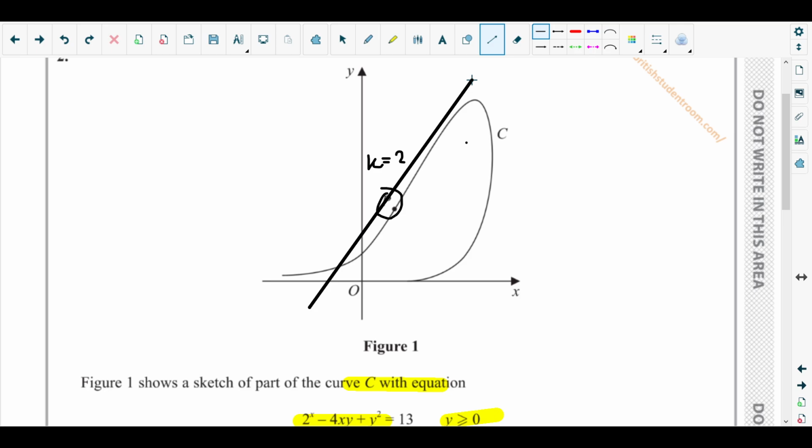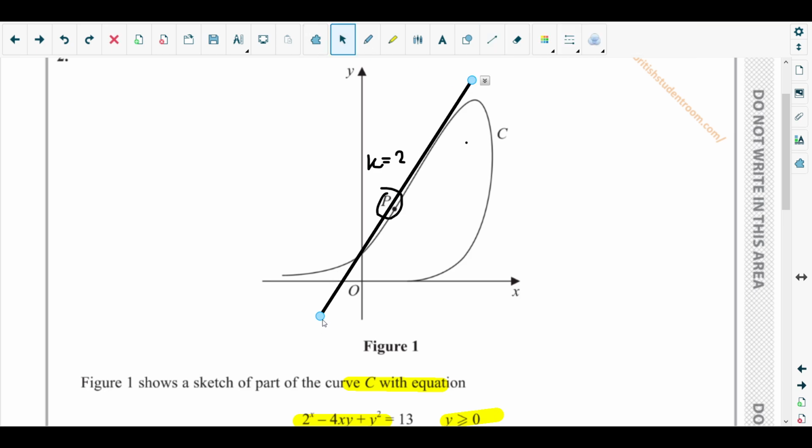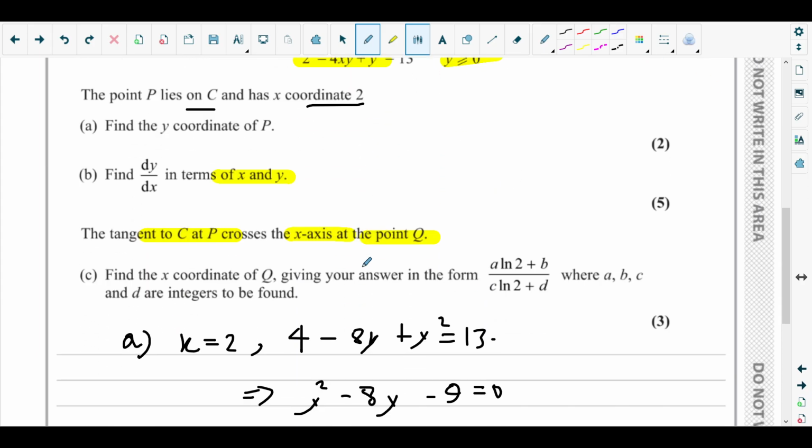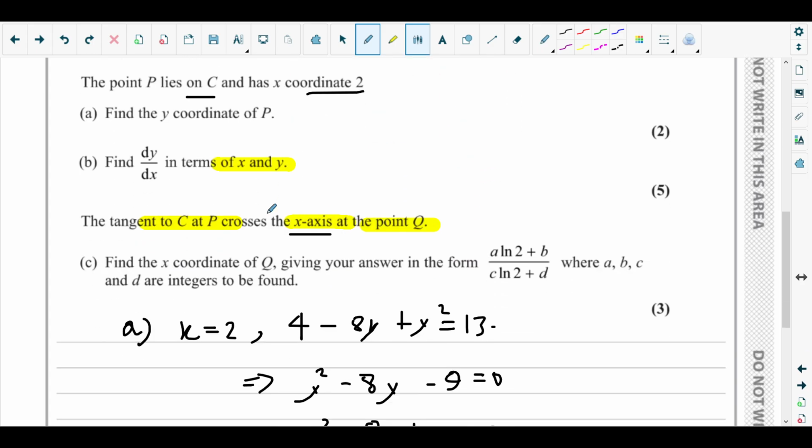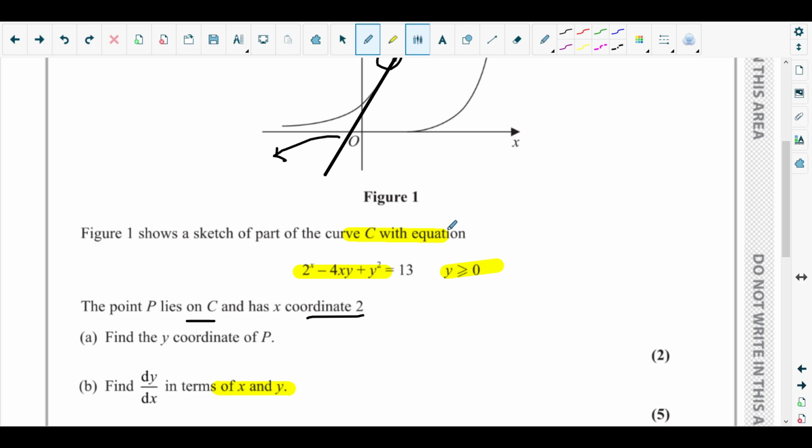This tangent will intersect the x-axis, is it x-axis or the y-axis? It's the x-axis. It will intersect the x-axis like here. So we need to find the x coordinate of this point. Fine. So how can we do that?